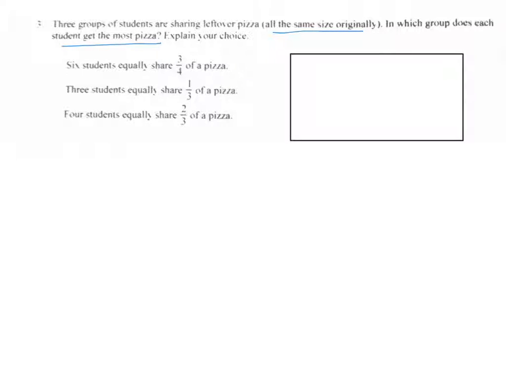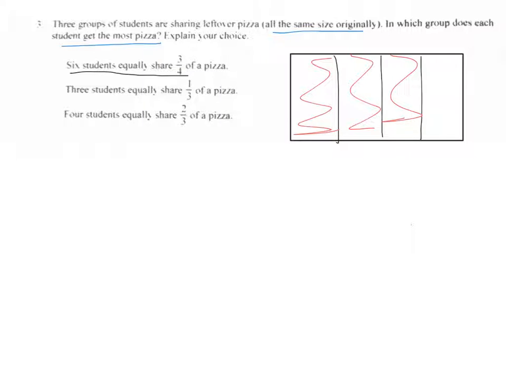So in this problem, it says 6 students equally share 3/4 of a pizza. So the first thing I think is that I need to break this into 4 slices because that's how much was there. But now they only have 3 of the 4 slices of pizza left over. And they're sharing it with 6 people.